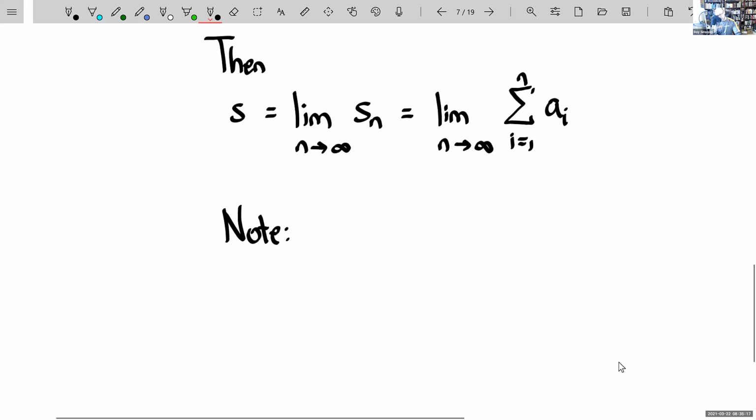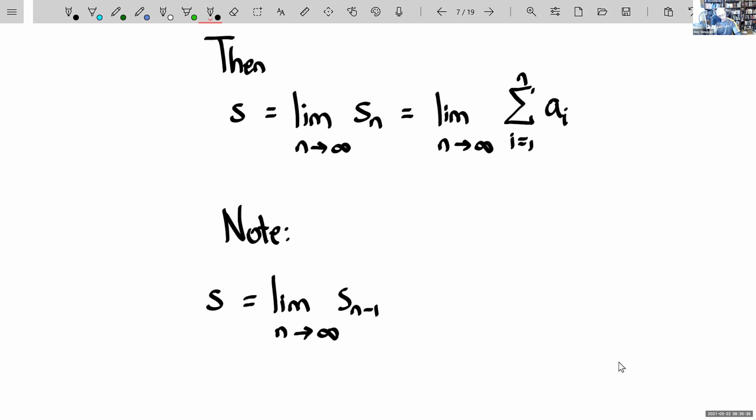But note, this is going to be a little bit of a trick. The limit as n goes to infinity of S sub n minus 1 is technically the n minus first partial sum, but as n goes to infinity, I hope you would agree that that is still going to be S. If n is going to infinity, I add up the first n terms, versus adding up the first n minus 1 terms, they're still going to infinity.